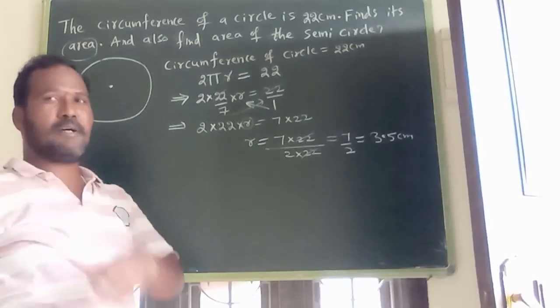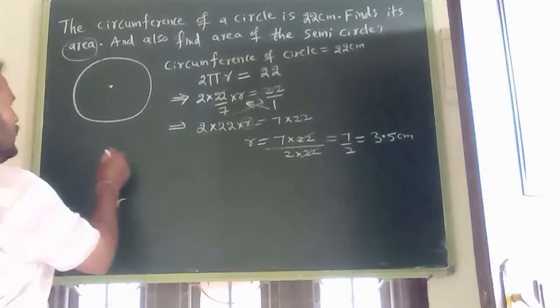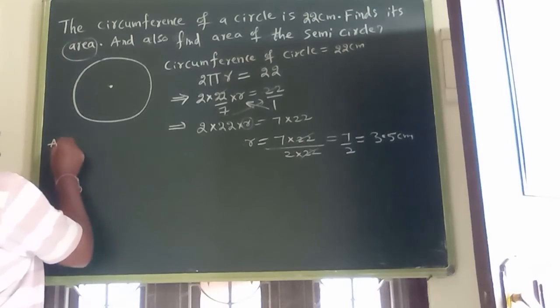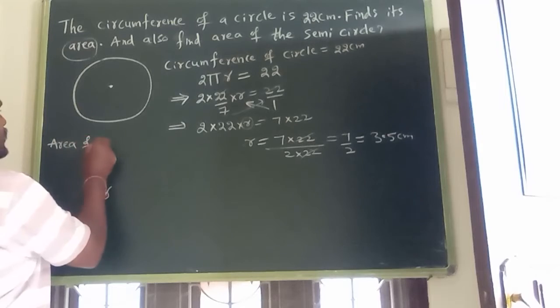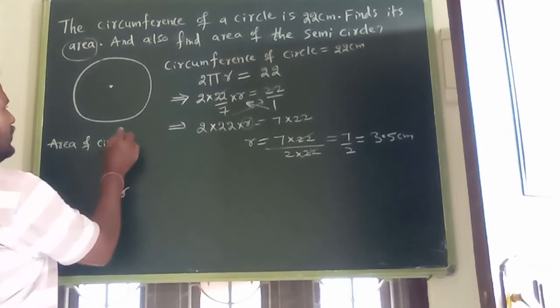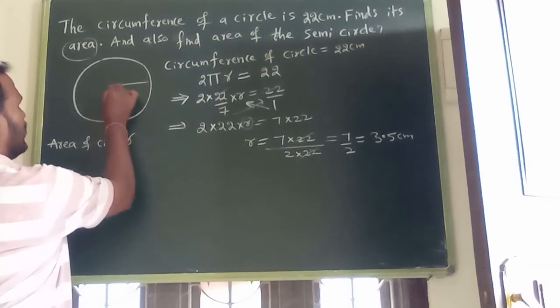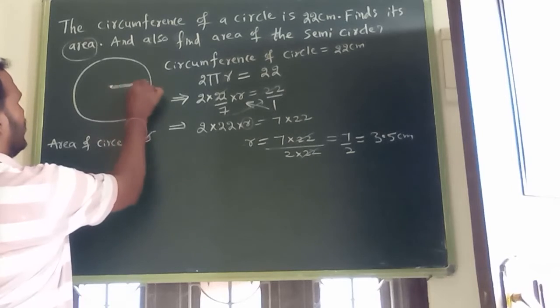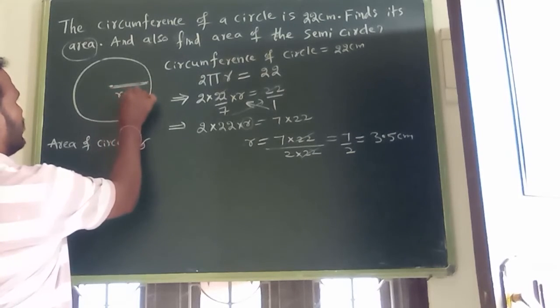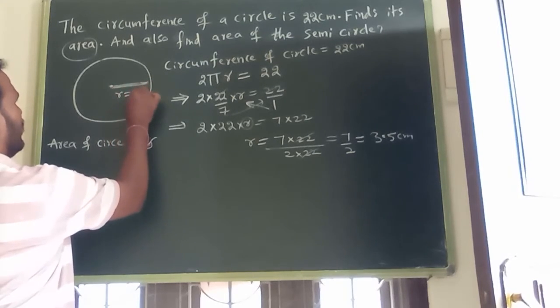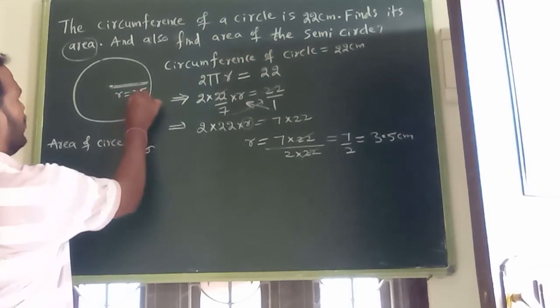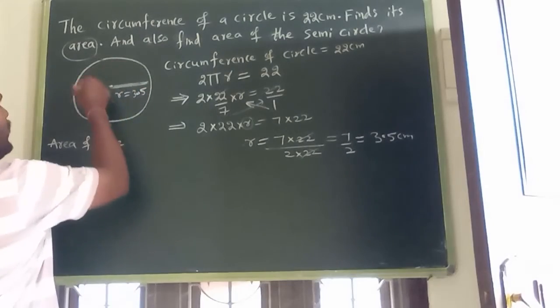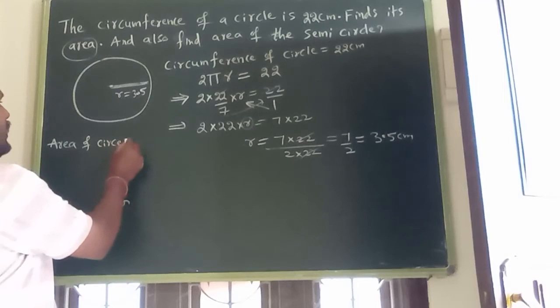This is the radius, 3.5 centimeters. We have to find the total area.